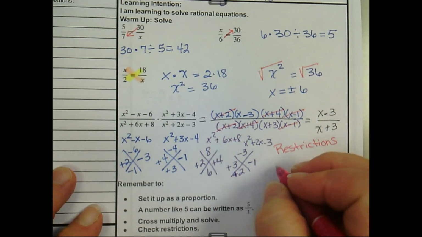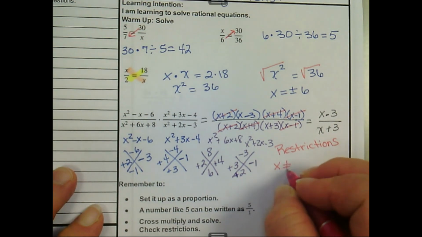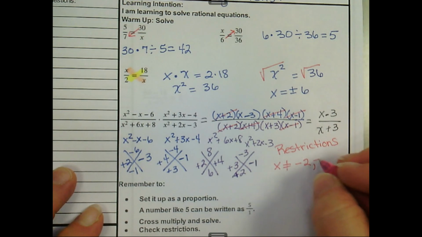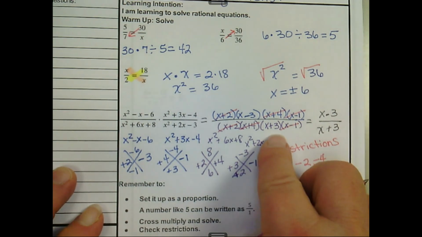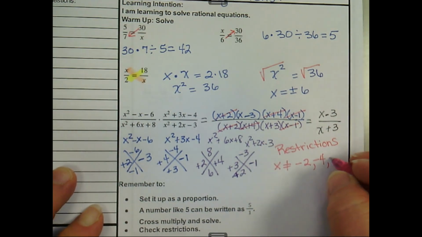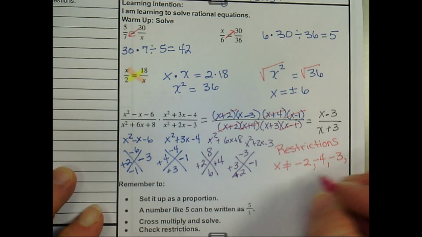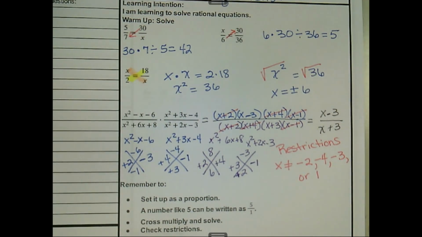What's the opposite of positive 2? Negative 2. What's the opposite of positive 4? Negative 4. What's the opposite of positive 3? Negative 3. What's the opposite of negative 1? Positive 1. So x cannot be equal to negative 2, negative 4, negative 3, or 1.